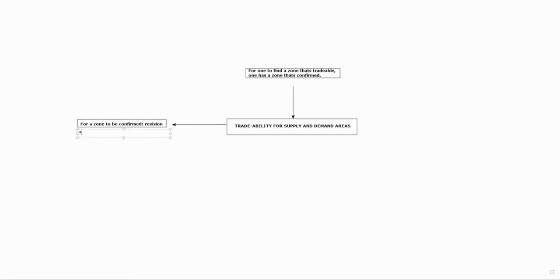There has to be a break of structure after an imbalance has been formed, right? There has to be not more than 4 basing candlesticks, right?